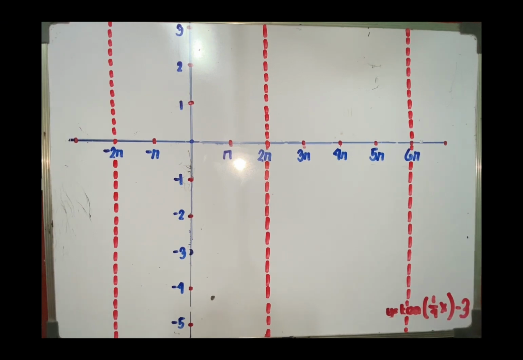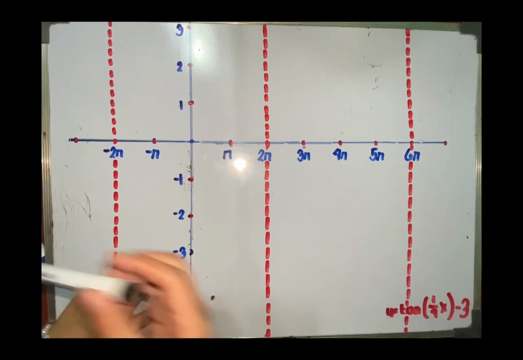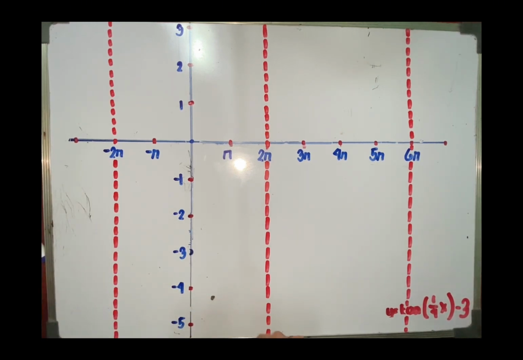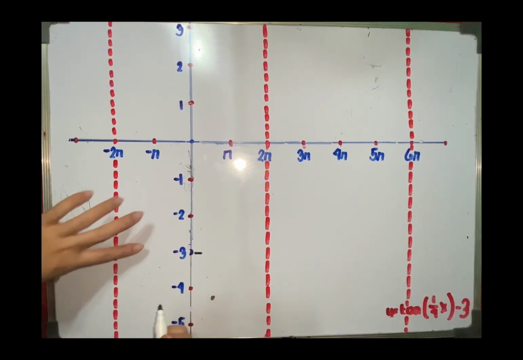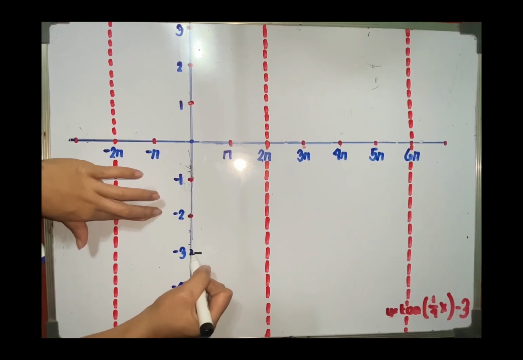And since it is y equals tangent of 1/4 x minus 3, we have to go down to negative 3. It will be our origin. So now we have to draw the lines using a broken line.